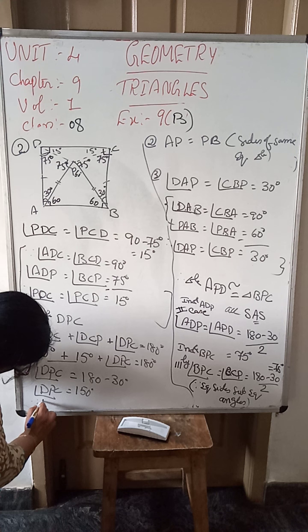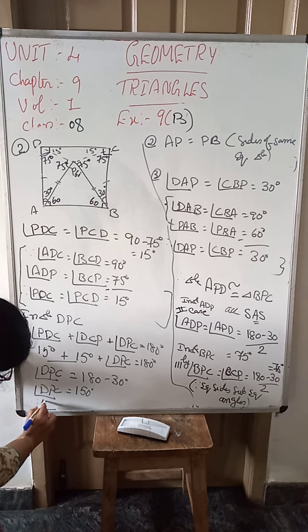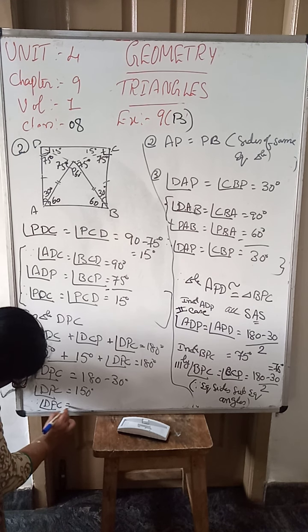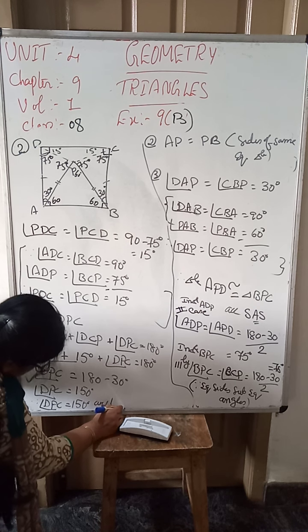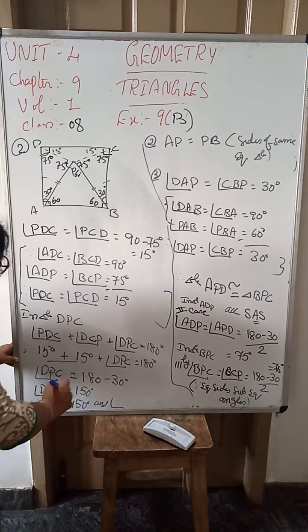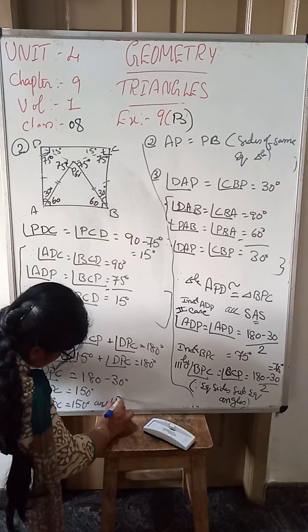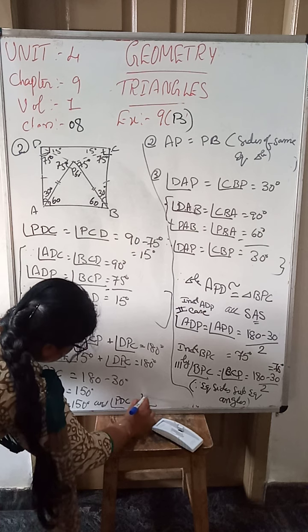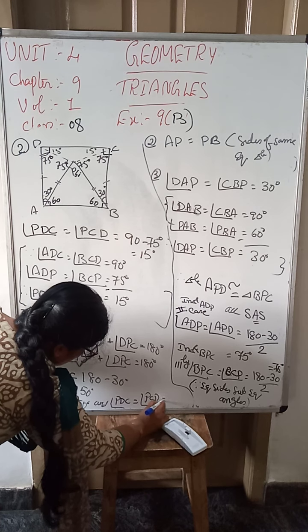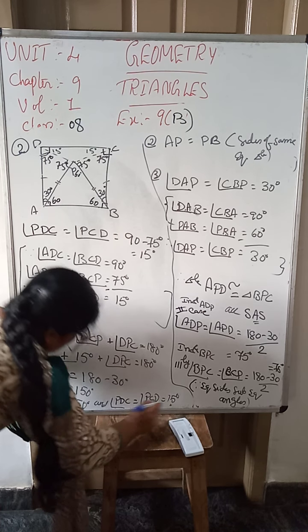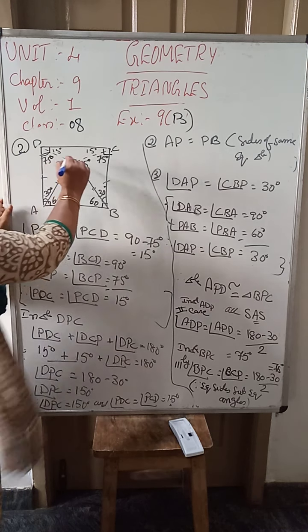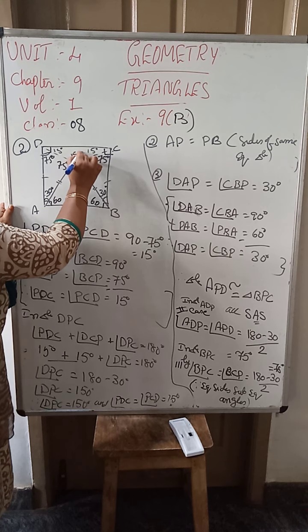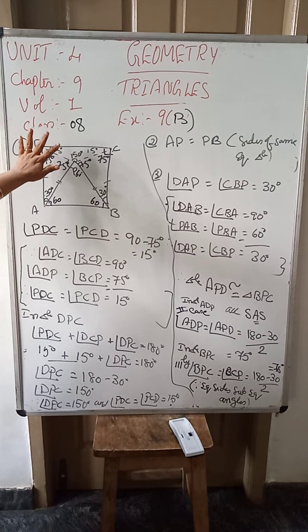Therefore, angle DPC is equal to 150 degree and angle PDC is equal to angle PCD is equal to 15 degree. Now we come across, this is 15 degree, this is 15 degree and this is 150 degree. All the angles of the triangle DPC are found out.